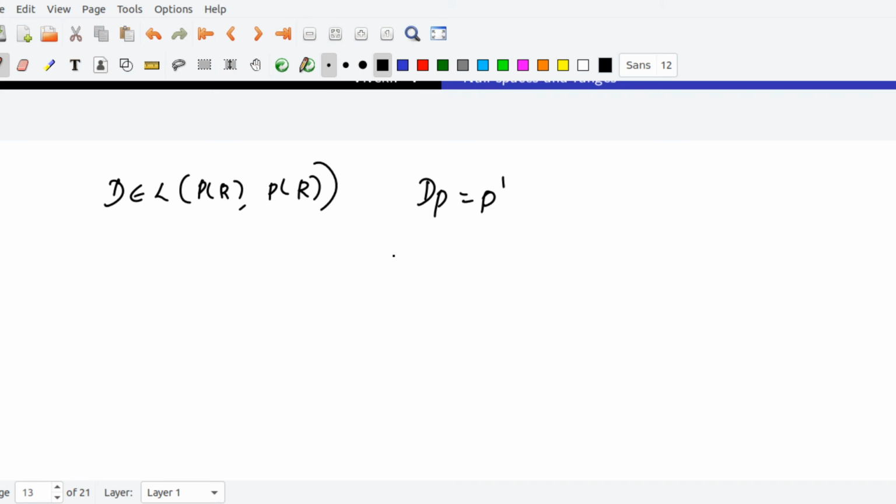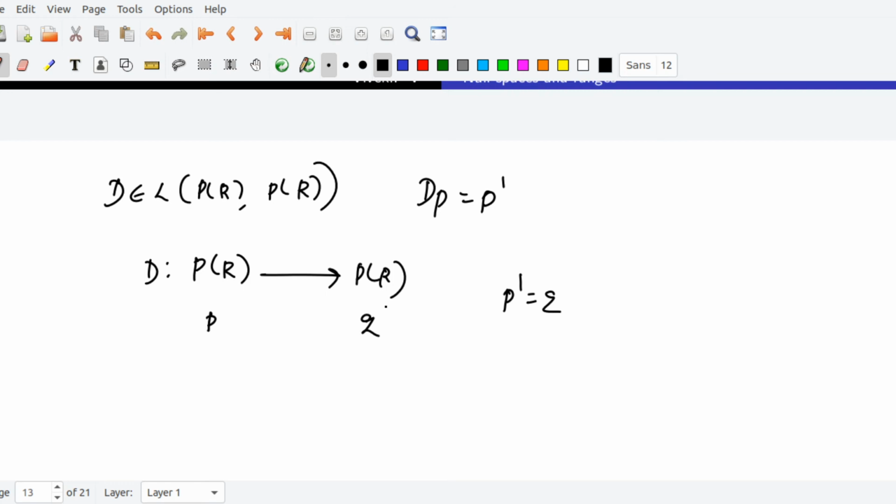For every polynomial q in the codomain, there exists a polynomial p corresponding to this q such that p dash equals q.